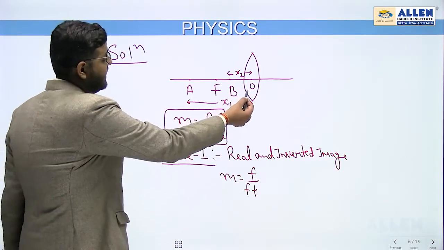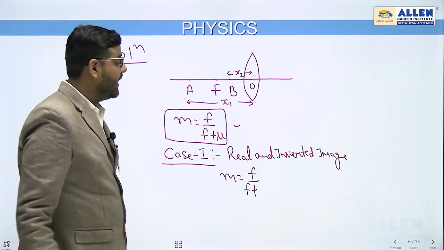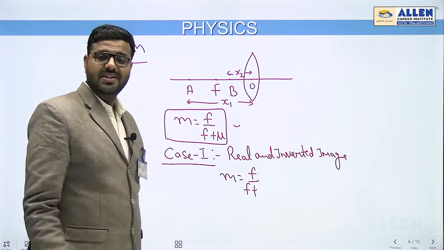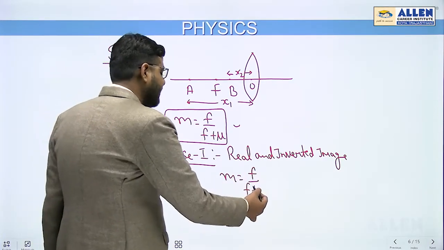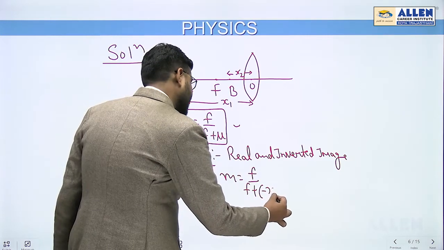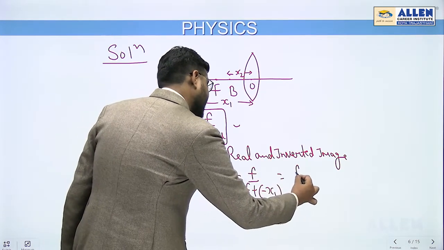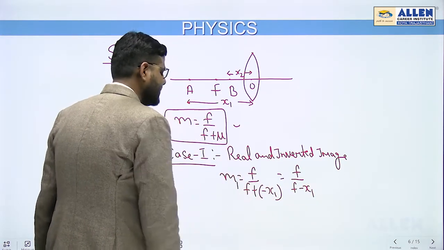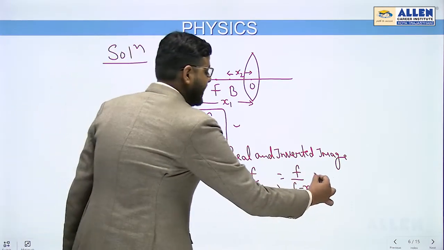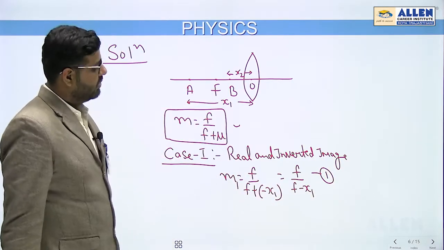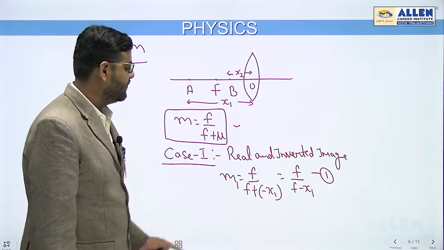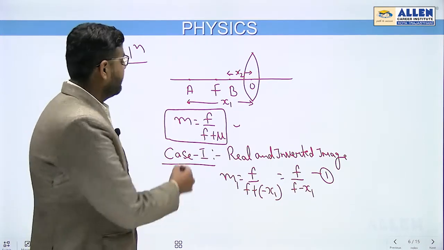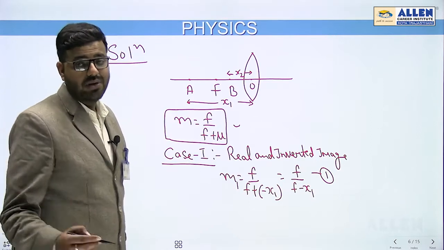Here the object distance when an object is placed at point A is equal to x1, and we know for convex lens the object distance is negative. So we can write f by f plus minus x1, or f by f minus x1, let's say it is m1. And let's say this is equation 1. So when a real and inverted image is formed, we can write m1 equal to f by f minus x1.